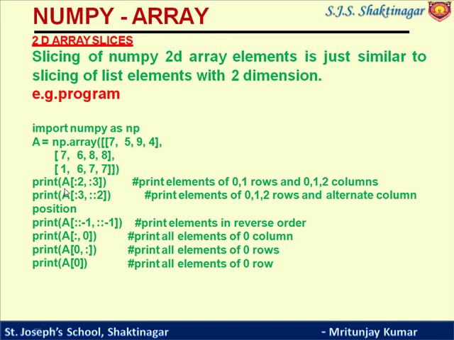Now let's print by giving the indexes, the rows and the columns. So print A, the first dimension 0 to 2, and second 0 to 3. So it will print the elements of rows 0, 1 and columns 0, 1, 2.